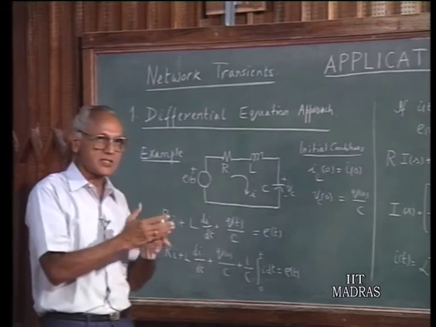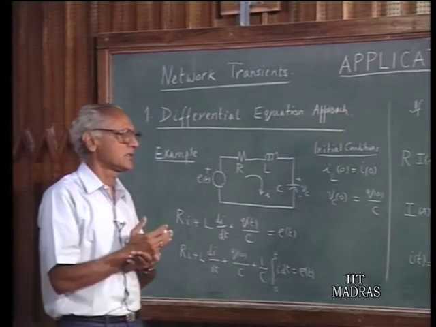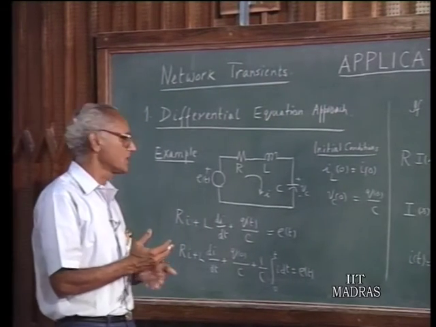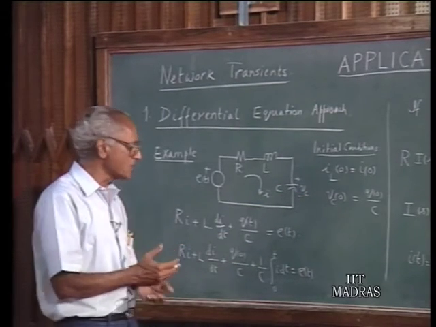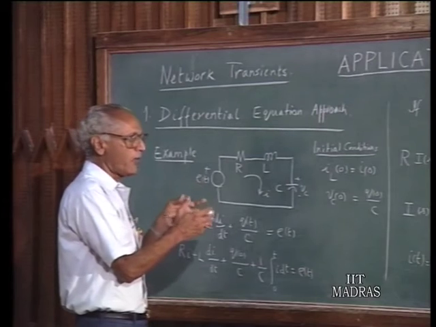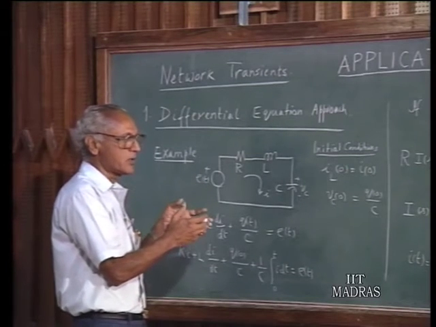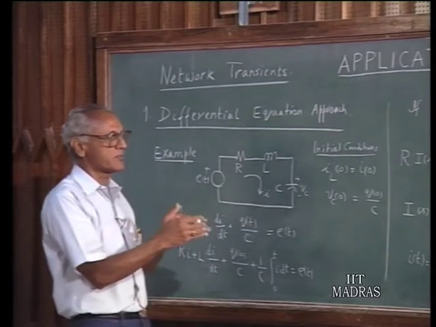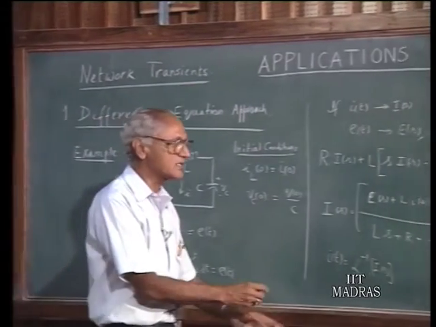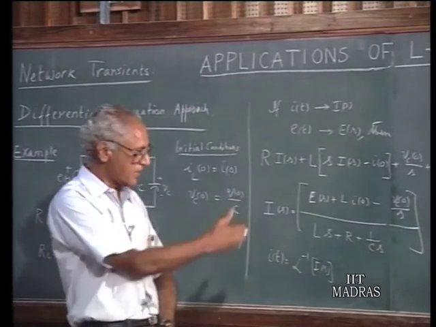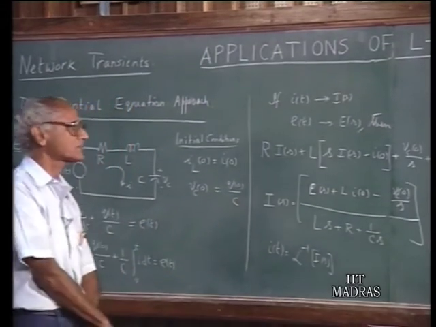But if 0 minus and 0 plus conditions are going to be different, and you want the solution from 0 minus, you can substitute straight away 0 minus conditions. In the classical differential equation, we are perforce required to substitute the conditions as 0 plus. Sometimes if there is a transition from 0 minus to 0 plus, you have to make separate evaluation of the 0 plus conditions. That is avoided in the Laplace transform technique, as we can see here.